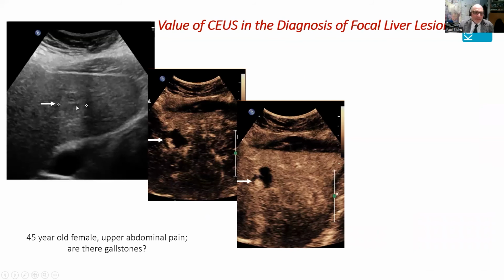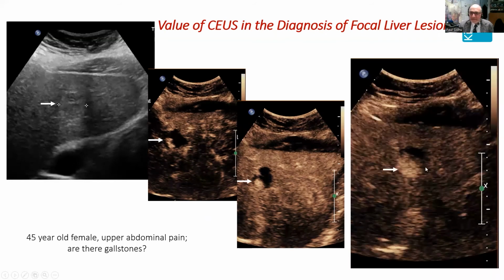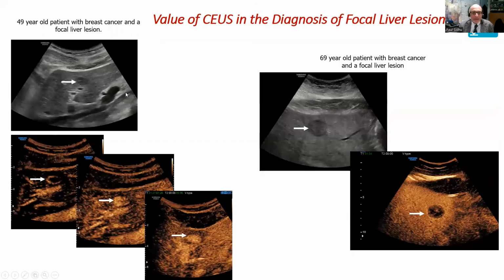Here's another patient with an atypical lesion in a fatty liver, examined for upper abdominal pain and gallstones. Here you've got peripheral globular enhancement and infilling of the lesion over time. This is a hemangioma. These are two patients, both with primary breast cancer, both returning with a focal lesion in the liver.